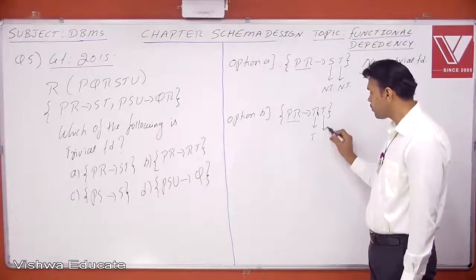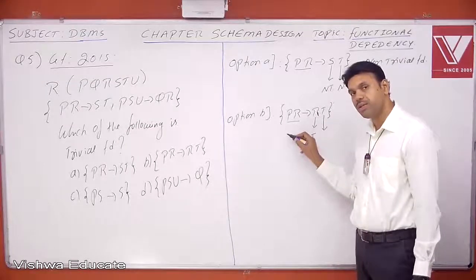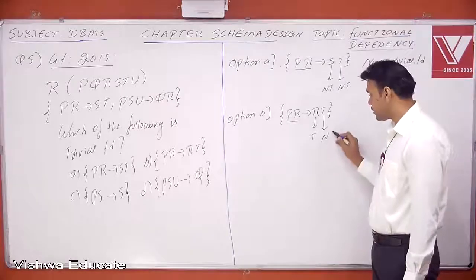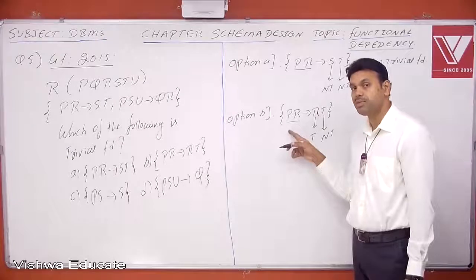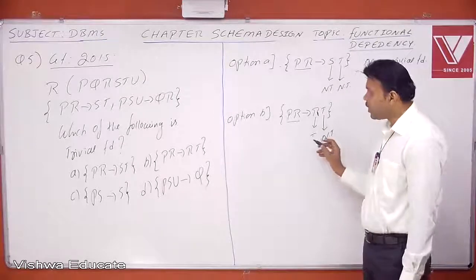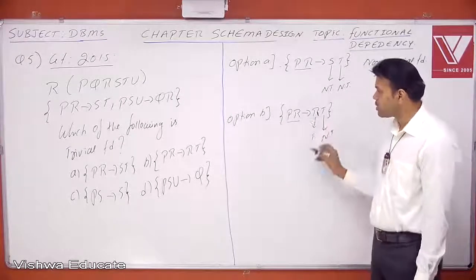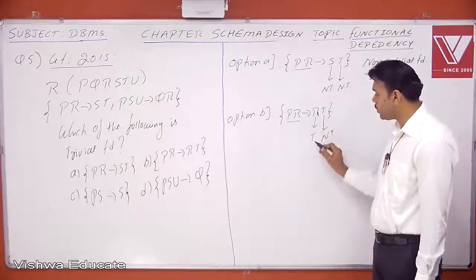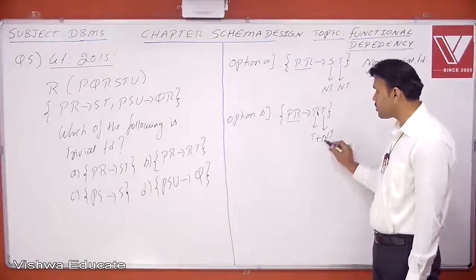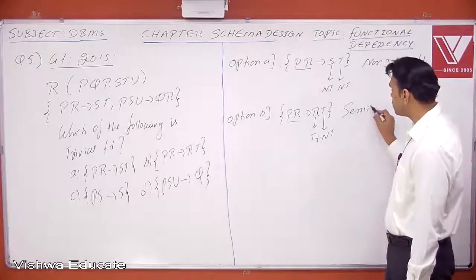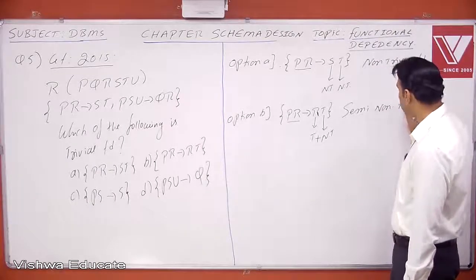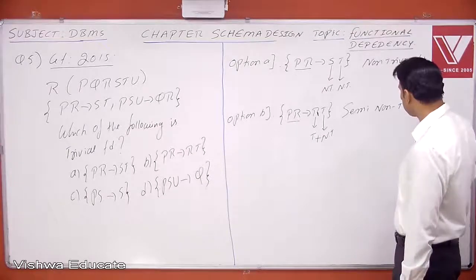What about T? Trivial or non-trivial? Yes, it is non-trivial. Why? T is not part of LHS. Now, option B consists of PR tends to RT. One is trivial and one is what? Non-trivial. So this comes under semi non-trivial FD.